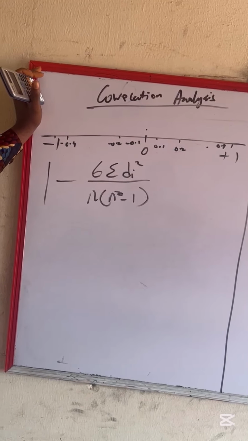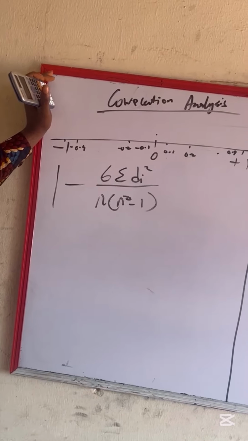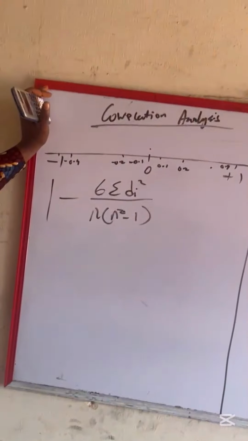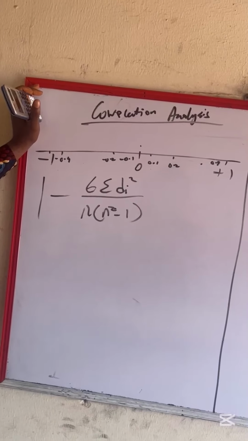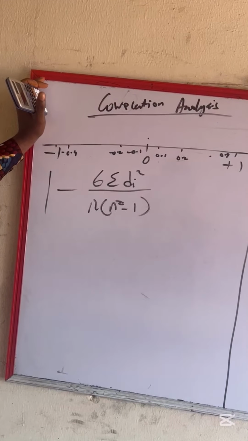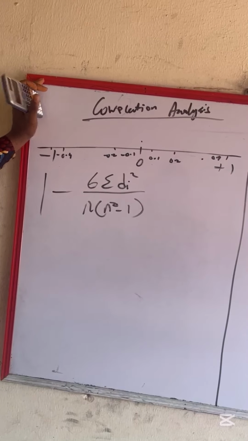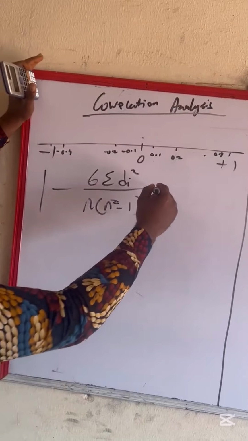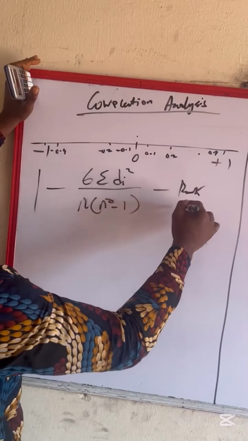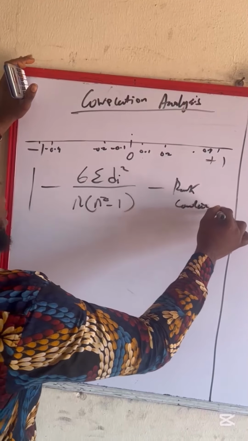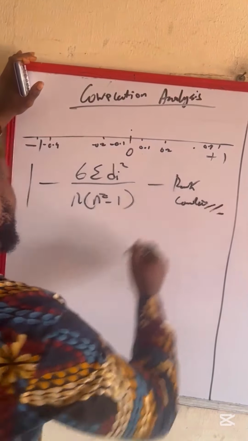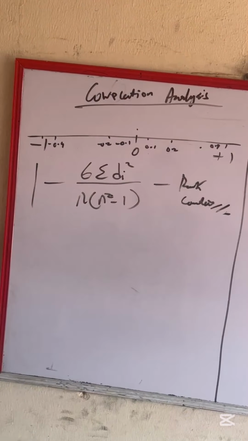After arranging your data in descending order, you will rank them. Then after ranking them, instead of using the original value, you use the ranked value. That is why it's called rank correlation.